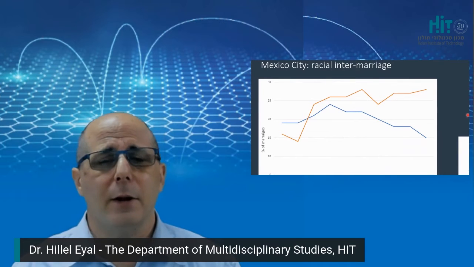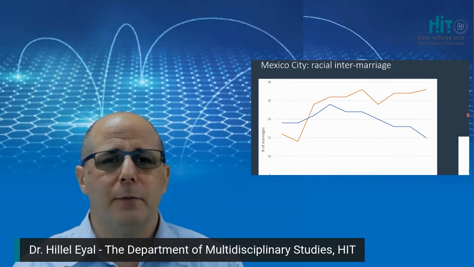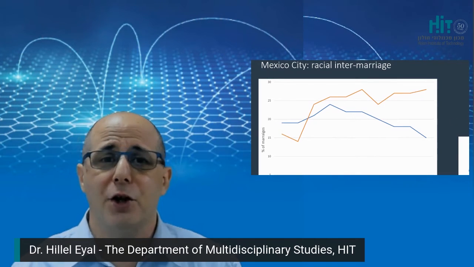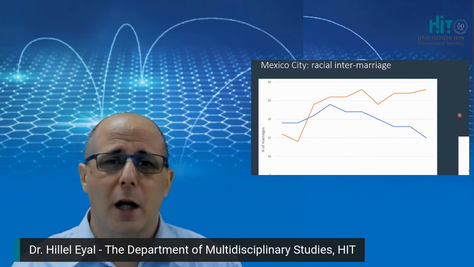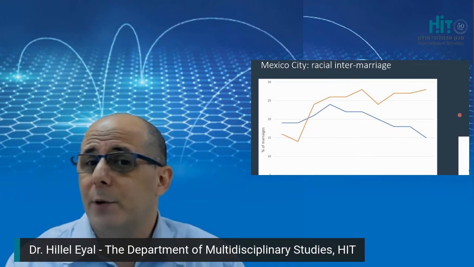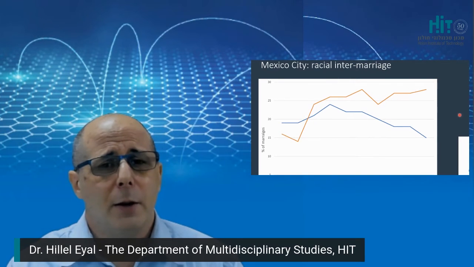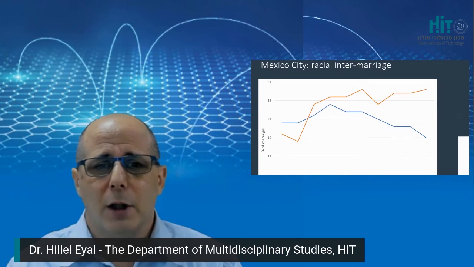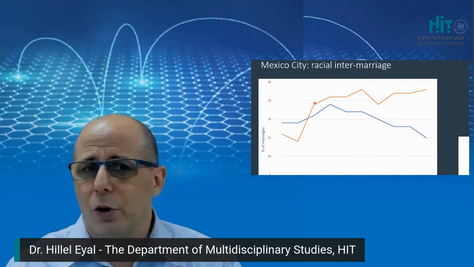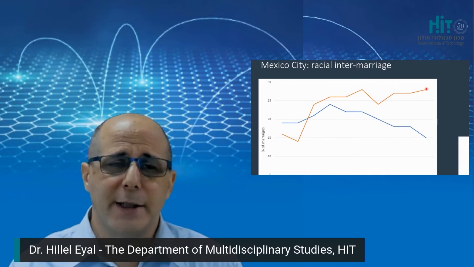By looking at the marriage records, we can see the development across the 18th century of racial intermarriage. This is important because it allows us to see how interaction, at least in terms of marriage, developed across the 18th century and where that interaction took place. In this orange line, we can see the peripheral parishes of Mexico City.